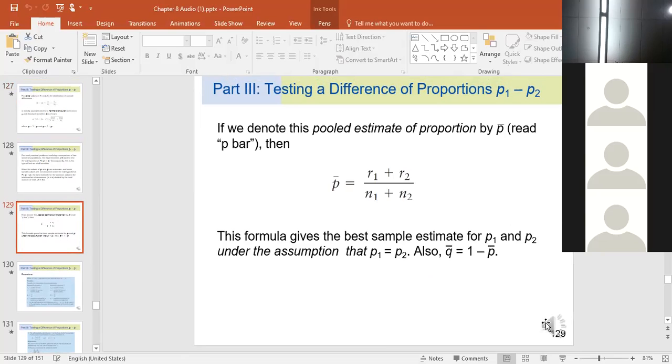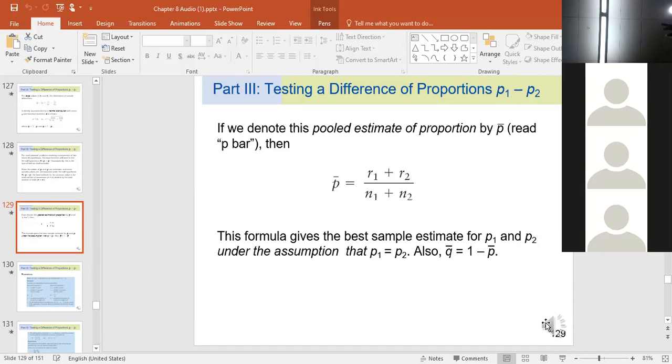So when we are doing proportion, we will be comparing two populations. That means we will take two independent samples, one from each population. What we do here, which is called the pooled proportion, is put the two samples together. For example, we want to test if students at St. Francis University perform better than students from maybe Penn State Altoona.